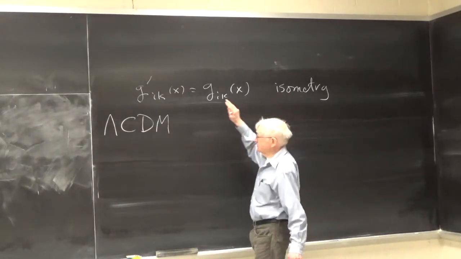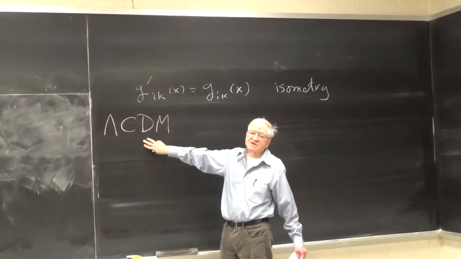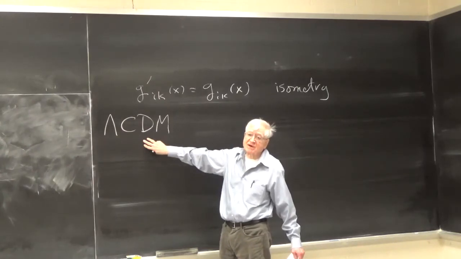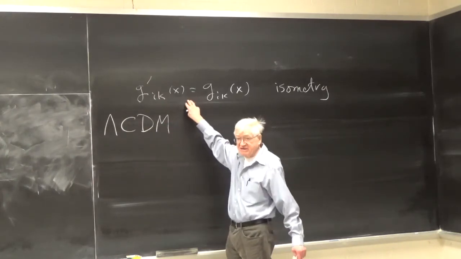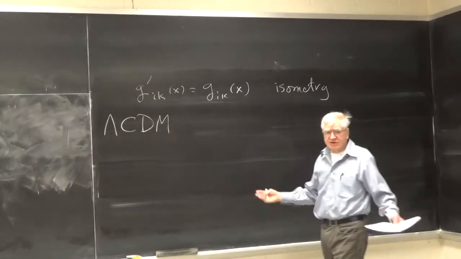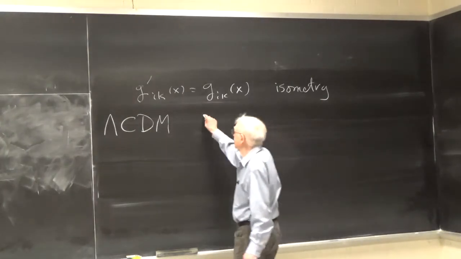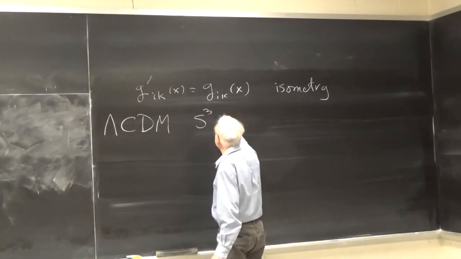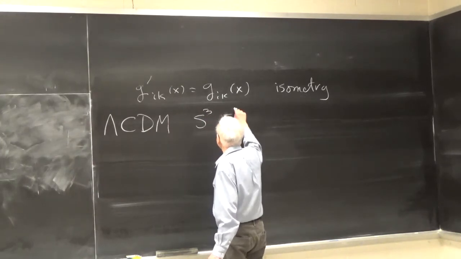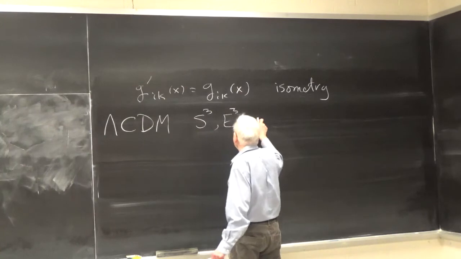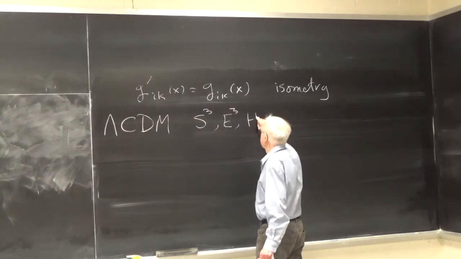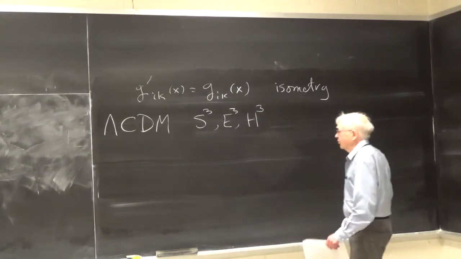And so those three kinds of maximally symmetric three-dimensional spaces are characterized by isometries. And they're a three-sphere in 4 dimensions, just Euclidean three-space, and a three-dimensional hyperboloid.